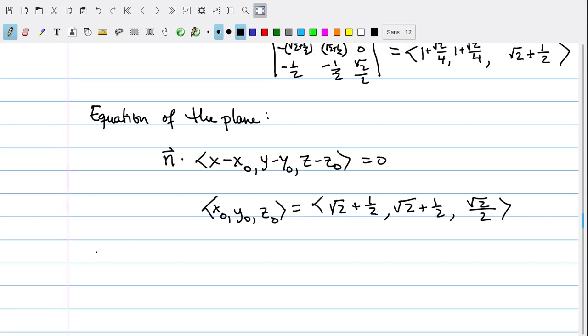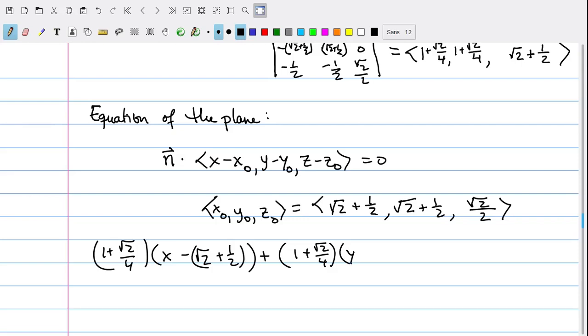So taking this dot product, I get the equation of the plane to be 1 plus root 2 over 4 times x minus root 2 plus 1/2, plus root 2 plus 1/2, 1 plus root 2 over 4 times y minus root 2 plus 1/2, plus root 2 plus 1/2 times z minus root 2 over 2.